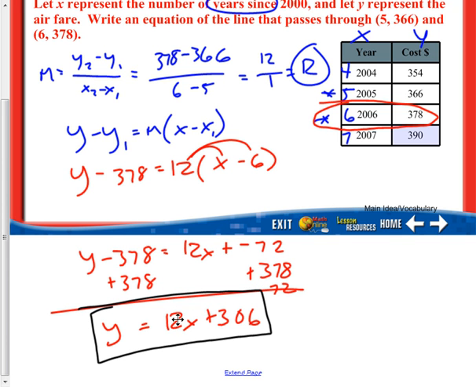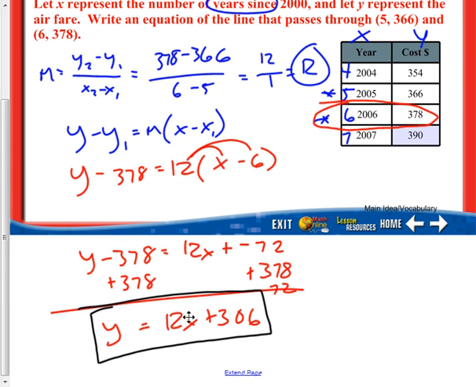So this represents $12 per year, and the 306 would represent where it started. So in the year 2000, it was at $306. And so I could say, 15 years from the year 2000, I could plug in the number 15.